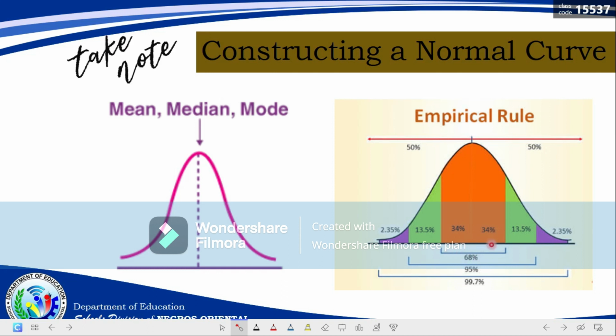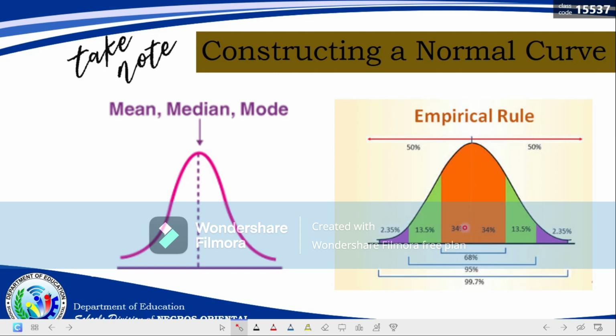These are the empirical rule: 68%, 95%, and 99.7%. Then 68% plus 13.5% and plus 13.5%, meaning if we add the orange colored area plus the green colored area, the answer would be 95%.